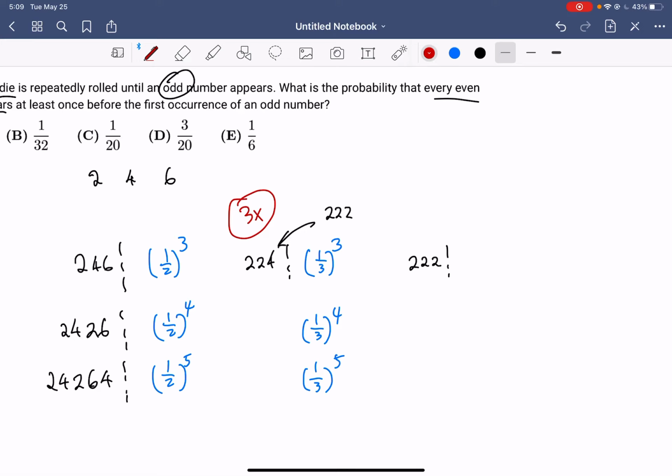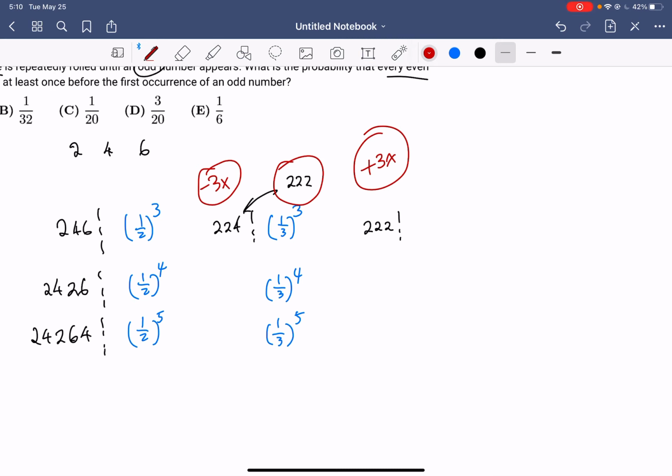So 3 cases of that. And in both the 2, 4 and 2, 6 cases, this case is subtracted. Therefore, we actually need to add this. So that would be add 3 times whatever this is, and this will be minus 3 times whatever that is.